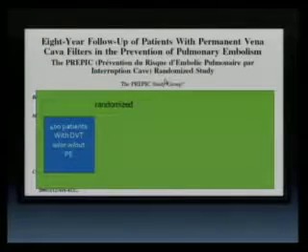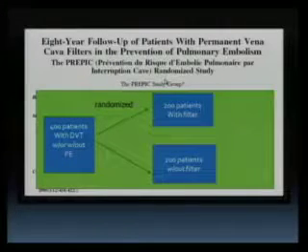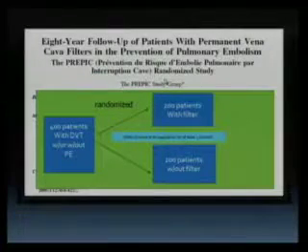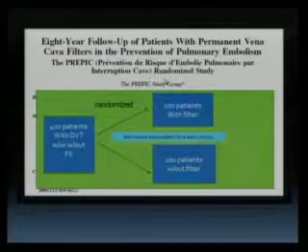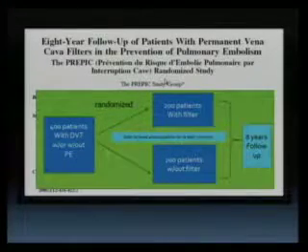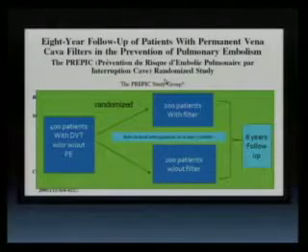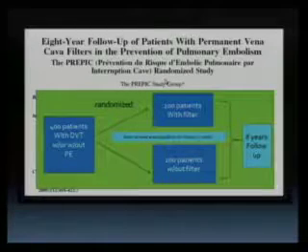And they were randomized into 2 groups, 200 with filter, the other 200 without filter. The only problem with this, they were anticoagulated during the first 3 months, at least 3 months. But both received anticoagulation. And then they were followed up for a period of 8 years. They were followed up at 3 months, and then 1 year, then every year until 8 years. So they were able to complete 8-year follow-up.